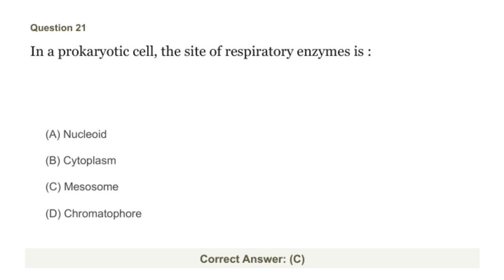It's a key adaptation that allows prokaryotic cells to carry out respiration effectively without membrane-bound organelles like mitochondria. This concept ties into our overall theme of how prokaryotic cells have evolved unique structures to perform essential functions efficiently.